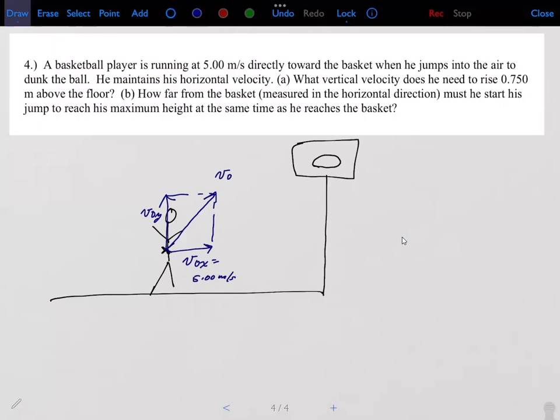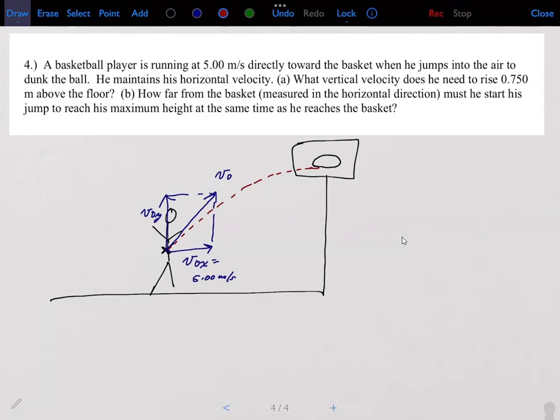And the key thing is that the person is going to rise up, and then right when they hit the basket, we're going to assume they're at the highest point. So what vertical velocity does he need to rise exactly 0.75 meters above the floor?